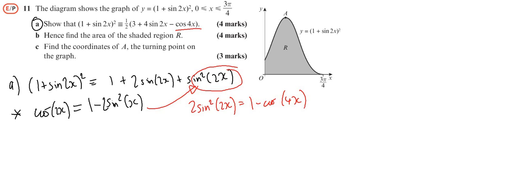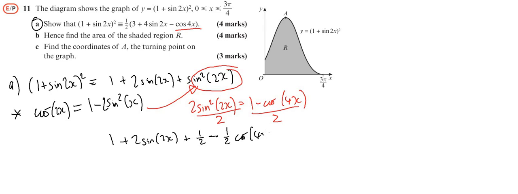So we have to do a half of this. Let's rewrite that. So now we've got 1 plus 2 sine 2x plus a half minus a half cos of 4x.